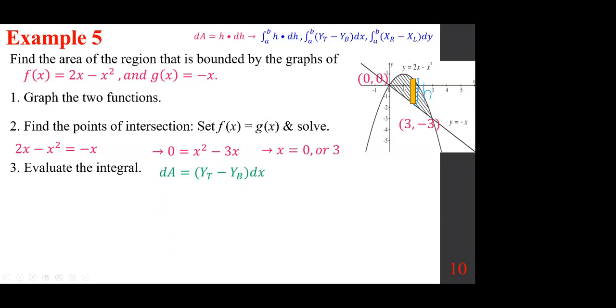What is y of the top? Y of the top is the curve, y is 2x minus x squared. So y of the top is 2x minus x squared. Y of the bottom is the line, negative x. I've chosen this on purpose because I want you to be very careful when you do the math. This is minus negative x, which makes it plus x. Okay, class.